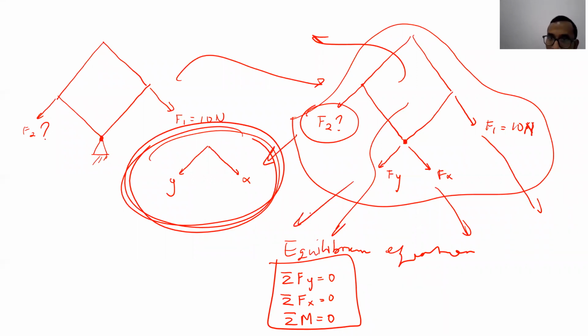And the distance here is 1 meter. The distance here is 1 meter as well. We will be able to solve the problem using sigma Fy, sigma Fx, sigma moment, because all the dimensions are complete, and we have all the equations as well.